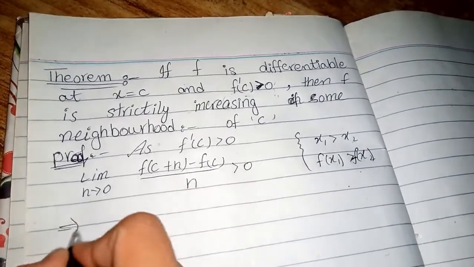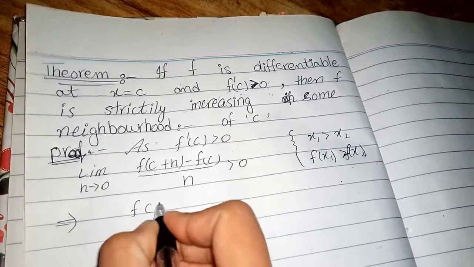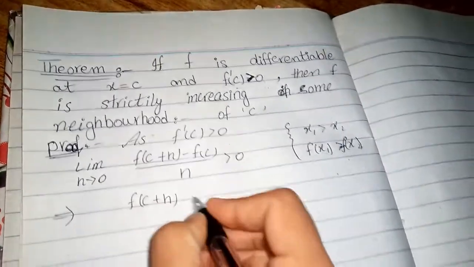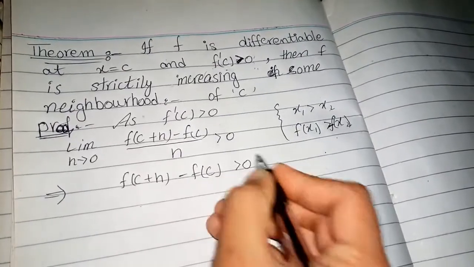So if we skip the limit, f of c plus h minus f of c over h is greater than 0.